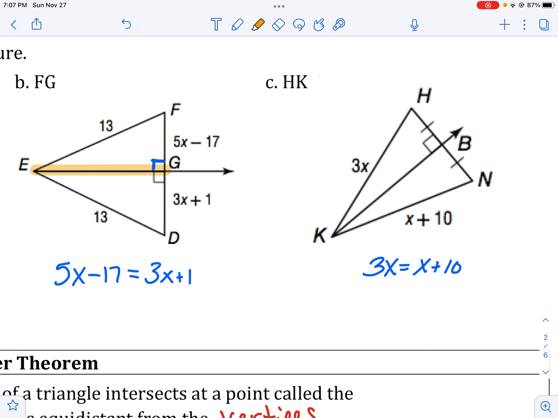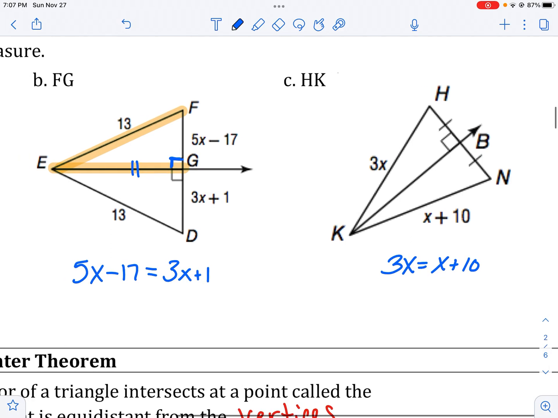And now this one I don't have side angle side, but I do have hypotenuse leg. So side angle side, I would need my angle to be up there, but I don't have that. What I do have is hypotenuse of 13, and this reflexive property side, the leg. So I do have hypotenuse leg there.